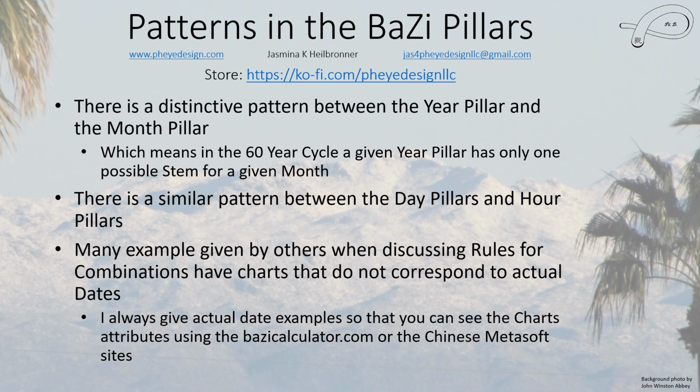And with the BaZi calculator, if there is a transformation and you have a subscription, you can actually find out what happens when you have a transformation, which, if it's a made up chart, is going to be almost impossible to find. Maybe you can, if you can find an appropriate date, you might be able to do it, but in those made up charts, that is. But here, this is something that you can actually look at, and I know you can have a better feel for the overall chart.